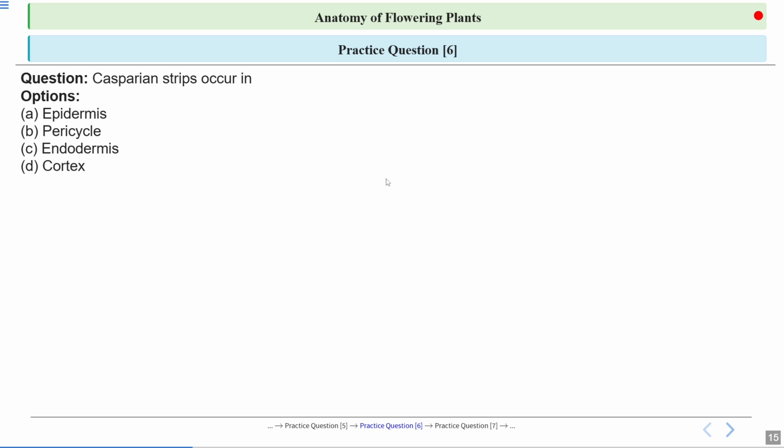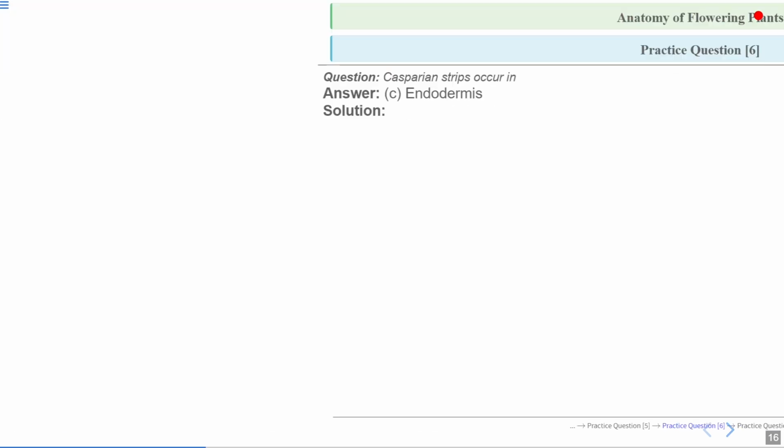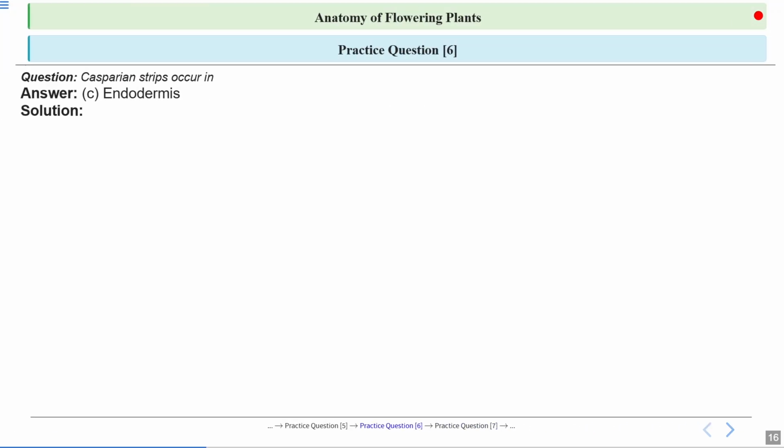Okay, so I'll move to the answer part. This we have already talked about. Let us see the answer. Yes, C. Endodermis. Endodermis is the correct answer.